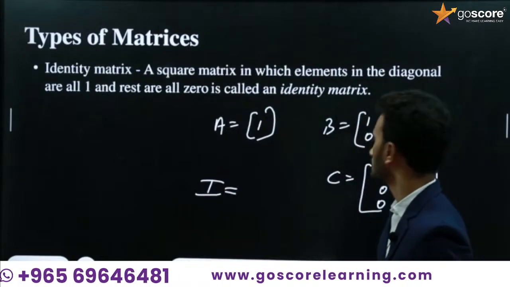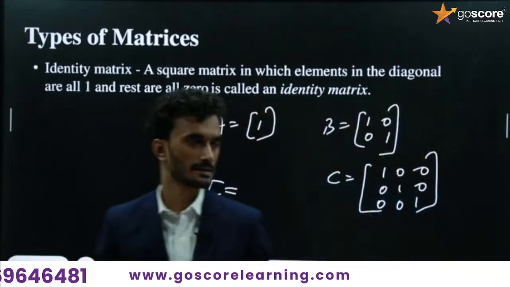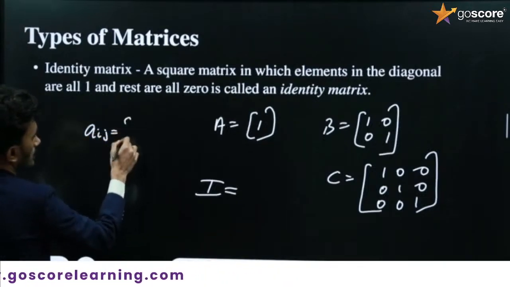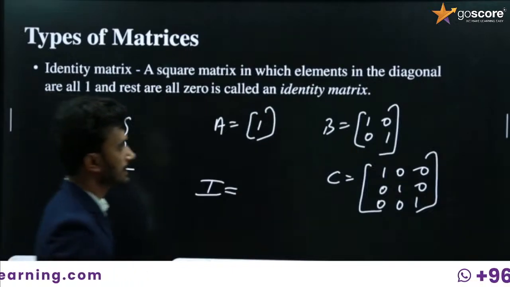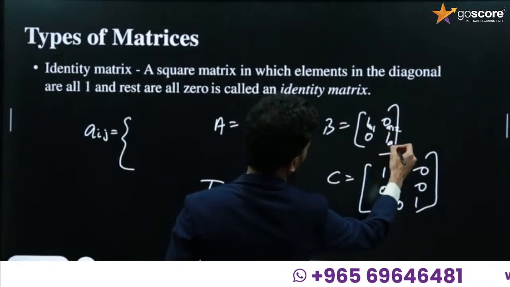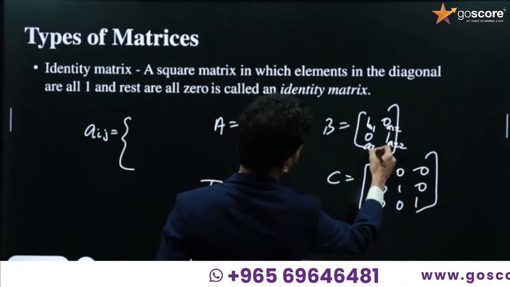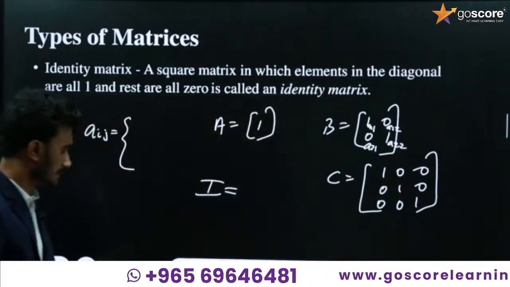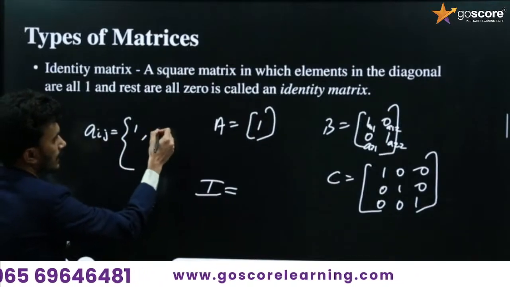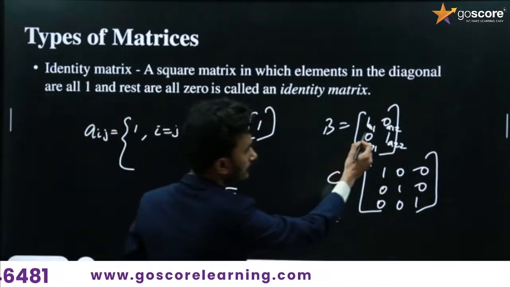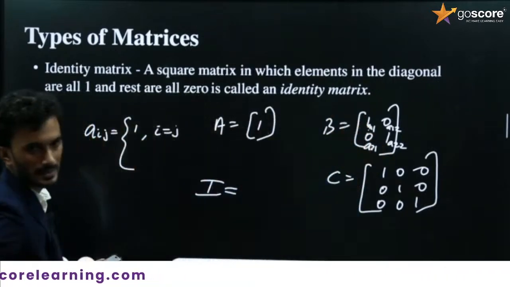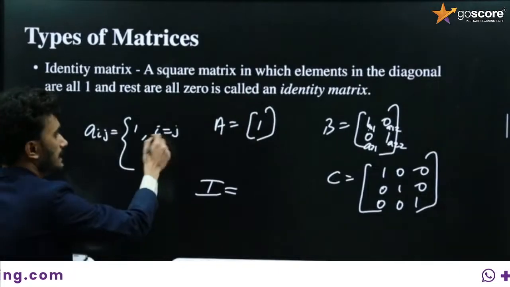In identity matrix, Aij is equal to, here you can see this one is A11, this one is A12, this one is A22, this one is A21. So in identity matrix, Aij is equal to 1 if i is equal to j. That means the diagonal elements are 1 if i is equal to j.